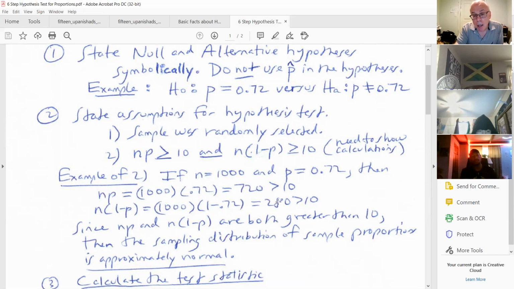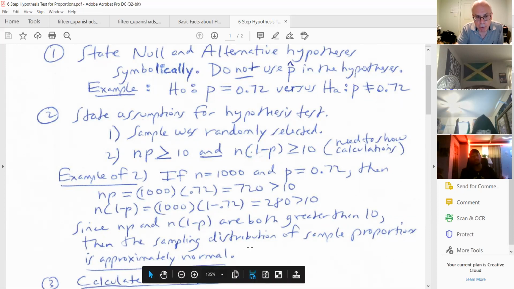Now, I don't want to see the following on the final exam. You do your calculations and you know what the answers are. And then you say something like np and n times 1 minus p is greater than or equal to 10, and therefore, I can say the sampling distribution of sample proportions is approximately normal. Guess what?